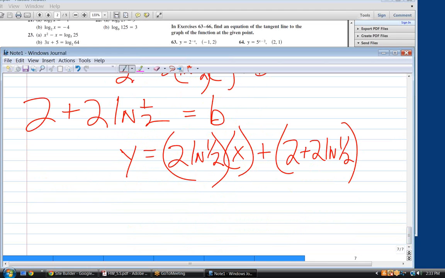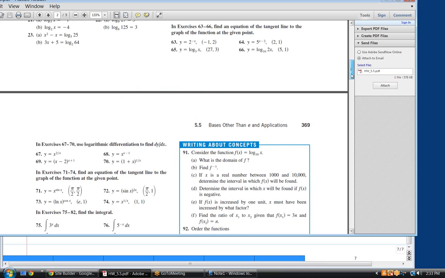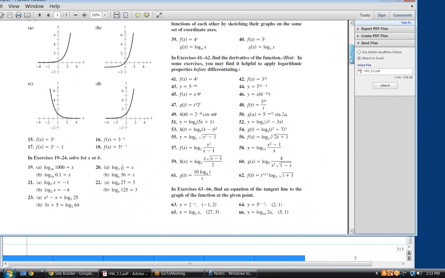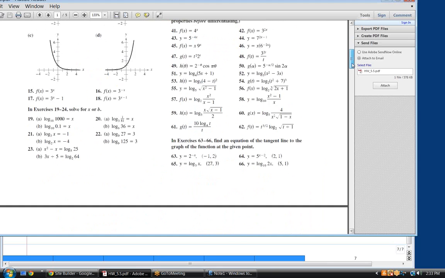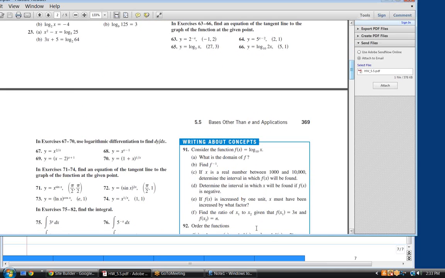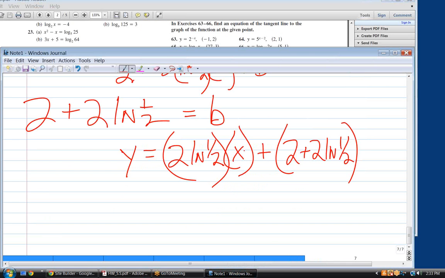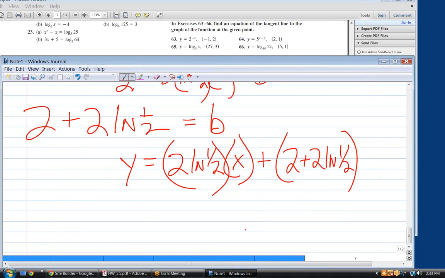You could probably factor out a 2, and that's all. I don't know. Are we supposed to be able to use calculators on this part? I don't know if we are or not, but I hope not, because this is a prettier answer than a calculator answer. This is precise. A calculator answer would be imprecise.